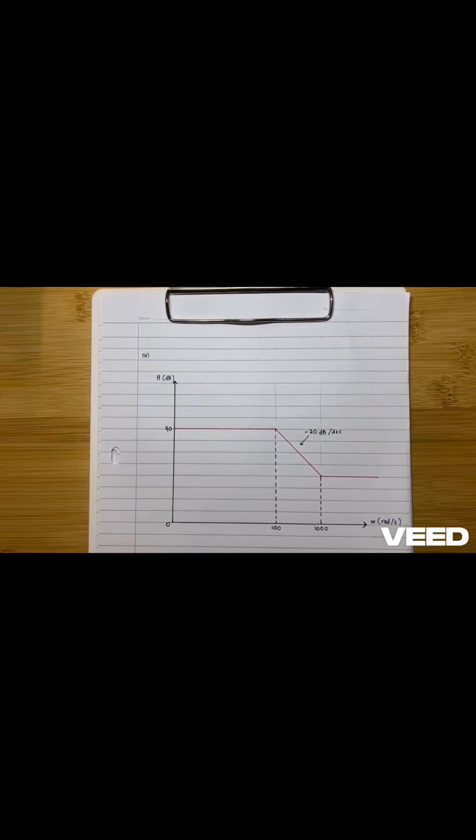Okay, so in summary, this Bode plot represents a system of constant gain at low frequency, a pole at 100 radian per second and a zero at 1000 radian per second.